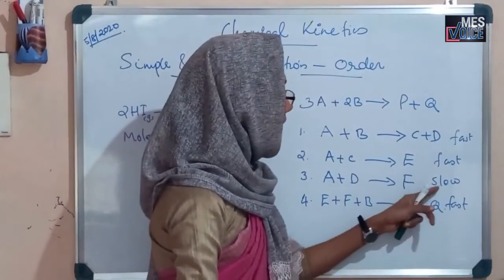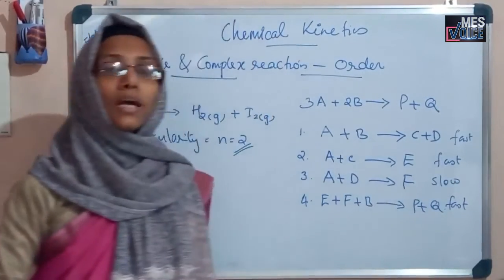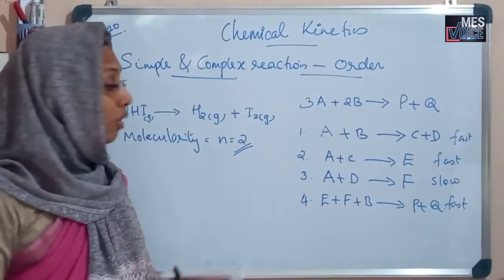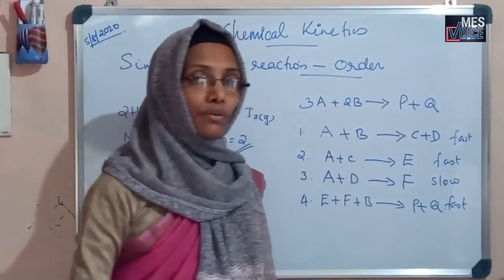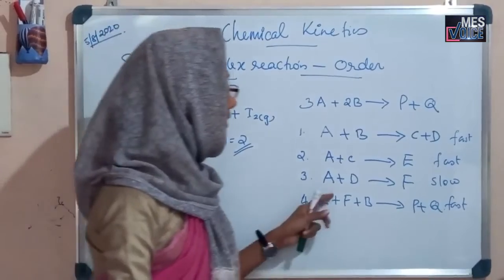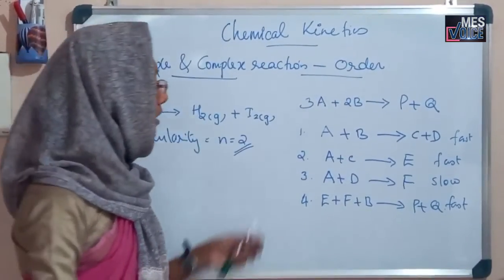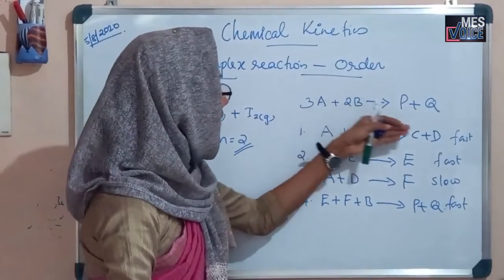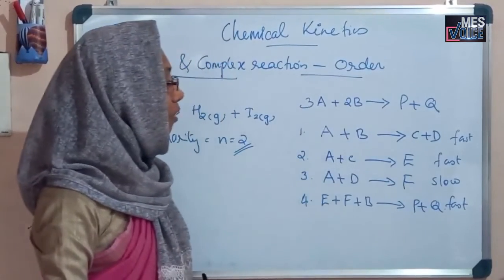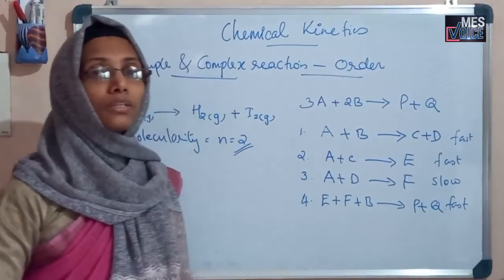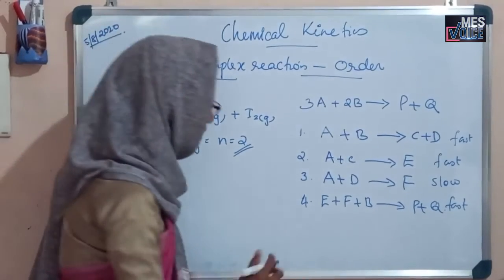The overall rate of the reaction cannot be faster than the rate of the slowest step. That is, the rate of the overall reaction is the rate of the slowest step.